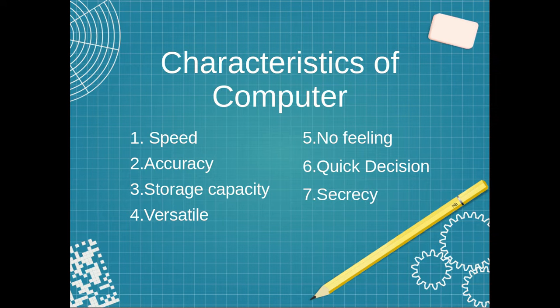The next characteristic is secrecy. You can save your files and protect your files with different passwords in your computer. For example, when you use your debit cards or ATM cards, you protect your money transfers using a PIN. Similarly, in your mobile phones also, you can lock your mobile phone with a PIN or thumb impression or the face scan.